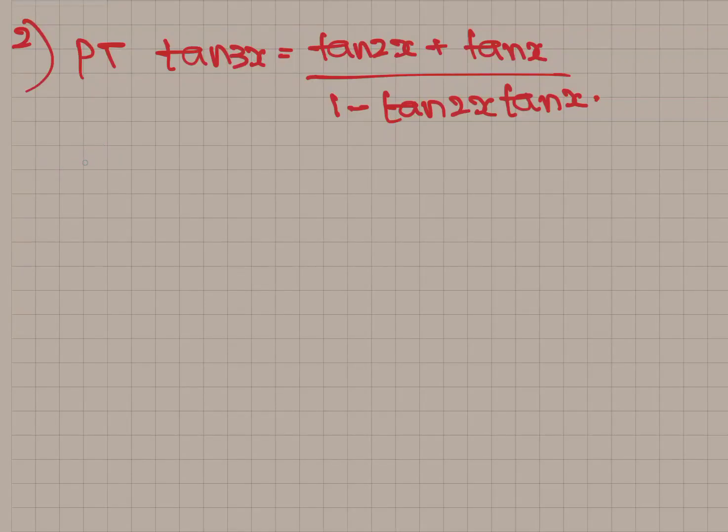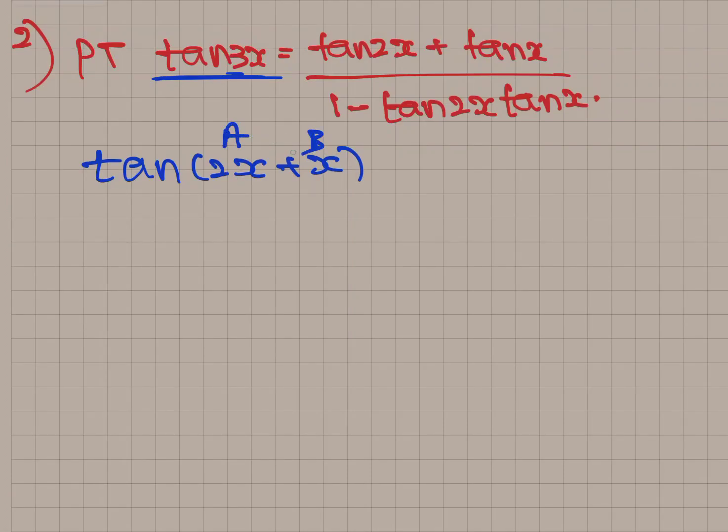Now, this is in the form of an identity, so we will break this tan 3x into tan of 2x plus x. Now this is in terms of a and this is in terms of b, so let a be equal to 2x and b be equal to x.